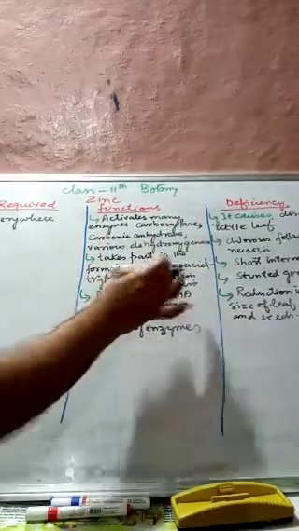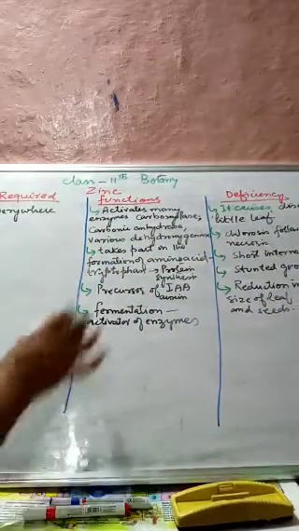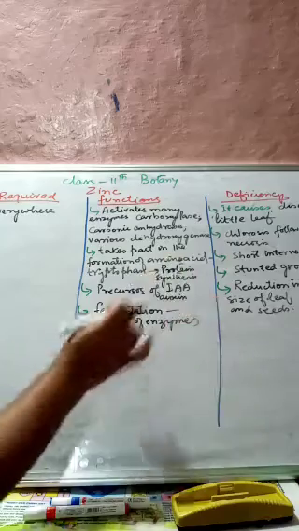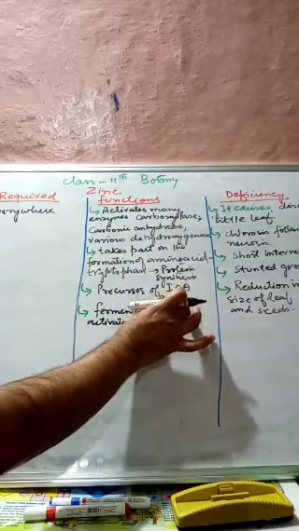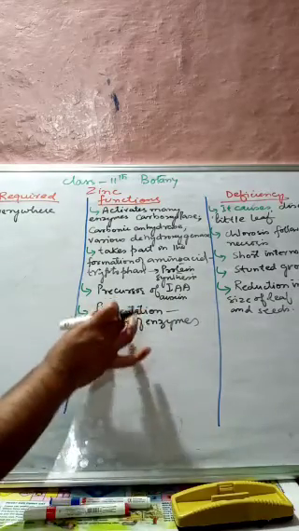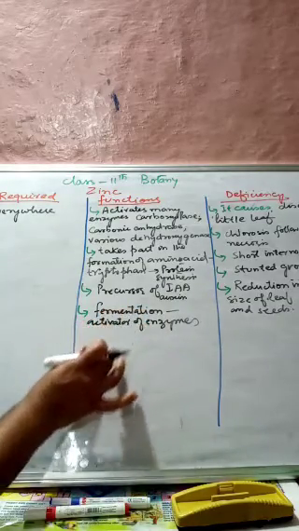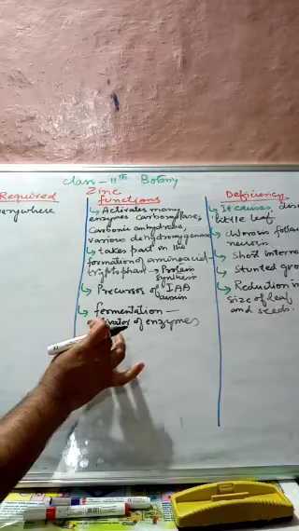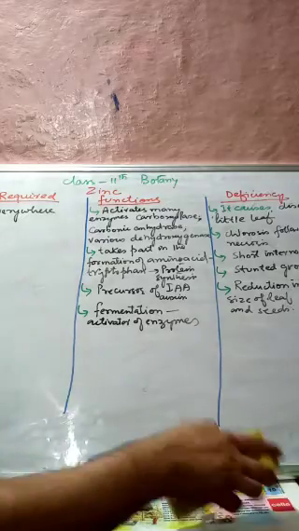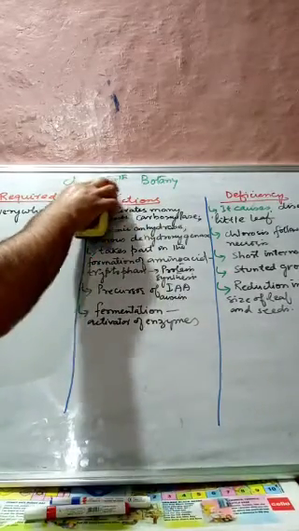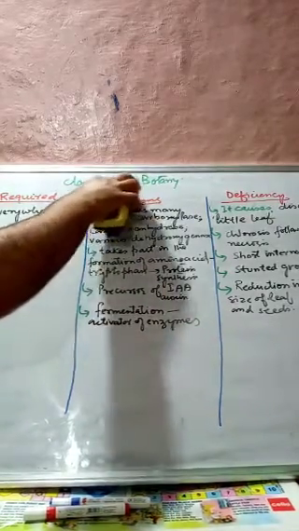It takes part in the formation of the amino acid tryptophan, which plays an important role in protein synthesis. It is the precursor of IAA, indole acetic acid. It plays a role in the process of fermentation. Thus, it acts as an activator of certain enzymes, and it is mainly absorbed in the form of zinc ions.